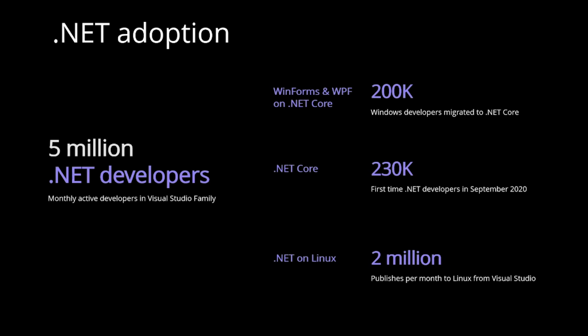Also, it's super exciting that the number of first-time developers we are seeing use .NET is around 230,000 in September alone, as per the latest figures. And there are around 2 million deployments per month to Linux from Visual Studio.